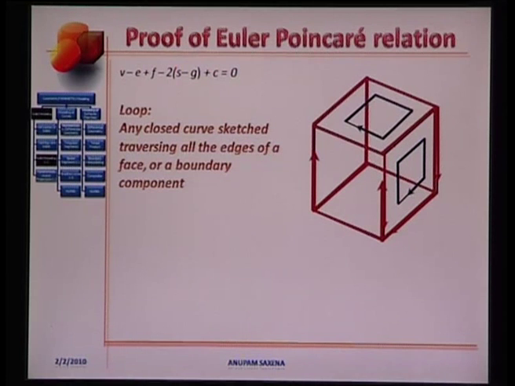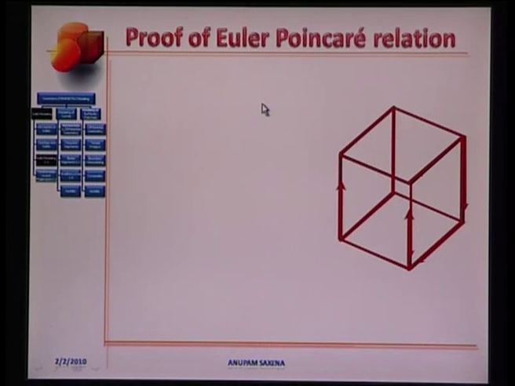Now let's see how introducing different boundary components would affect the Euler Poincaré formula. We start with the formula, and now we segregate, or we divide S into two parts. We say S is 1 plus S prime for certain reasons, which I'll tell you about later.